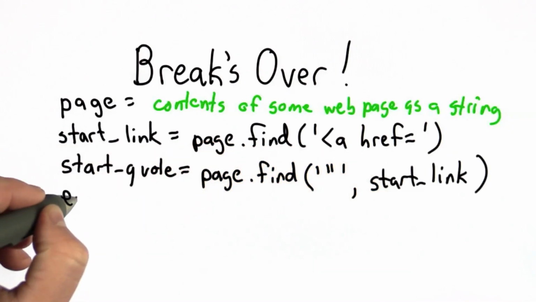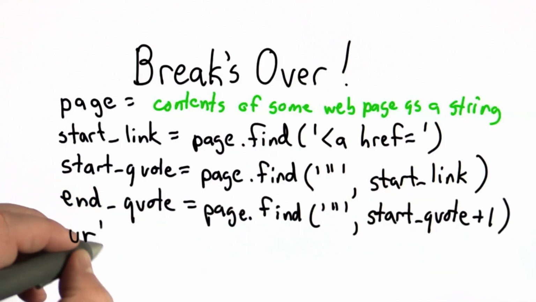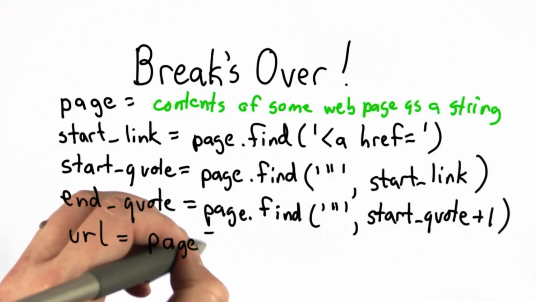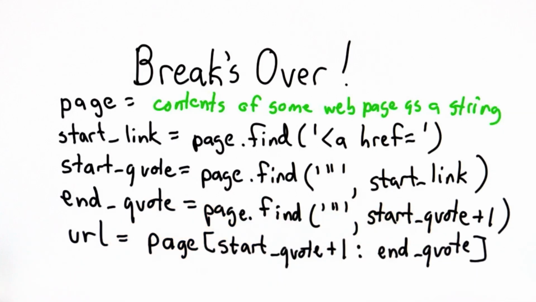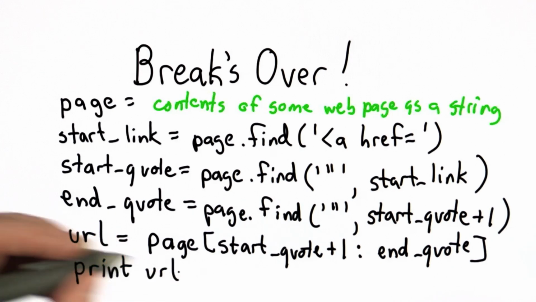And then we would find the end quote. And then we would extract the URL using the string selection, selecting from page, from the start quote to the end quote. Then we would print out the URL. And this was what we needed to do for one URL.